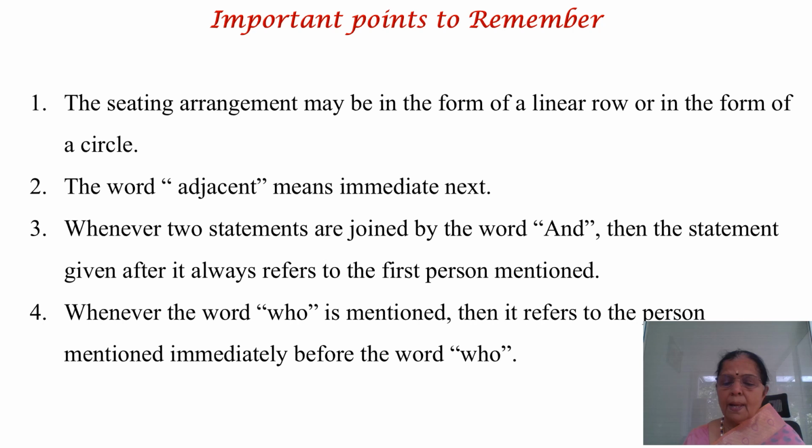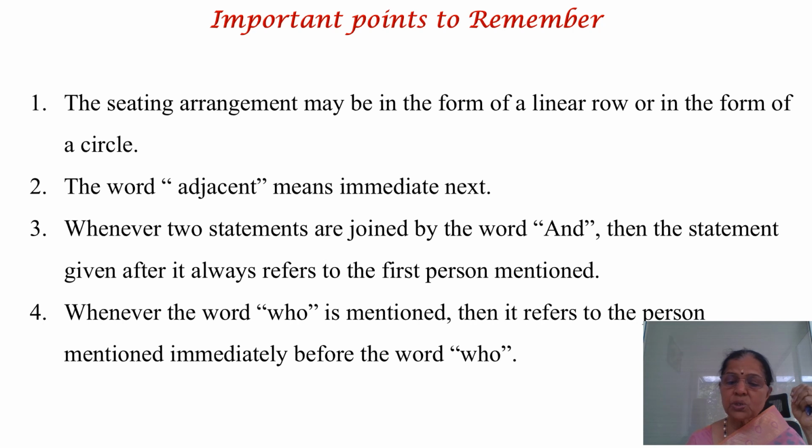Got it? And the fourth point you should know beyond doubt is that whenever the word who is mentioned, then it refers to the person mentioned immediately before the word who. Now again, the same example. A is sitting in between B and C, who is a farmer.